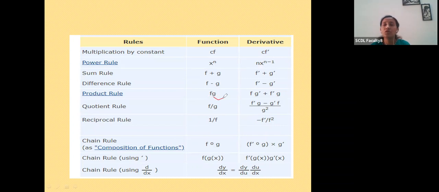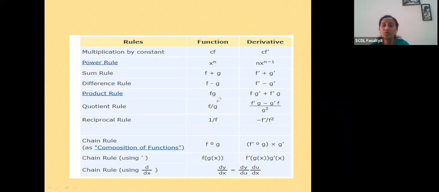First we take the derivative of g, that is g dash, so f times d by dx of g, plus the derivative of the first term f, that is df by dx, and g remains the same. First you take the second term for the derivative and again the first term.